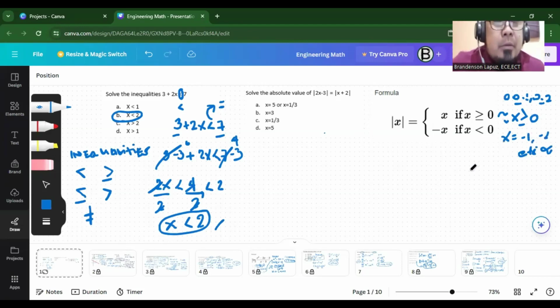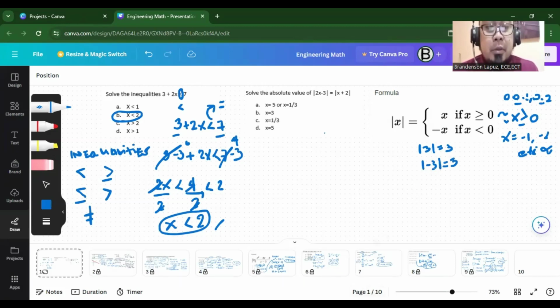All right, now we can solve this problem. But before going to this problem, what is the absolute value of 3, by the way? The absolute value of 3 is equal to 3, right? The absolute value of negative 3 is equal to 3.